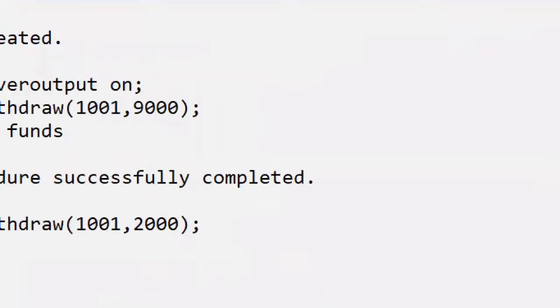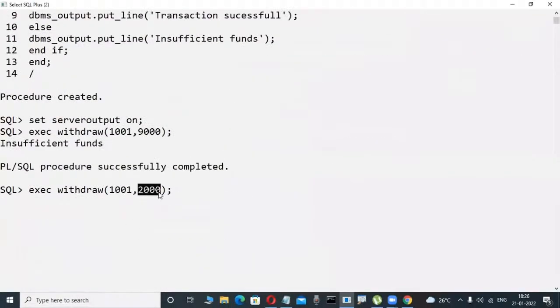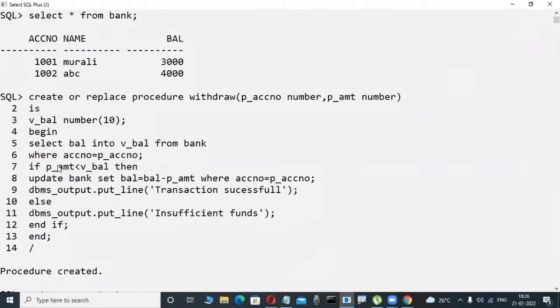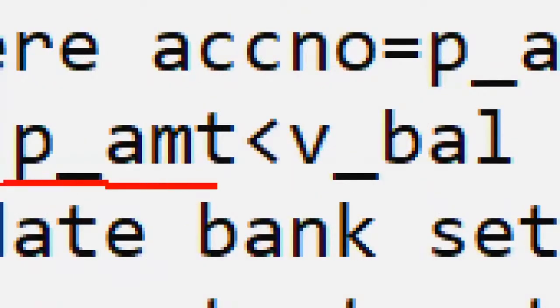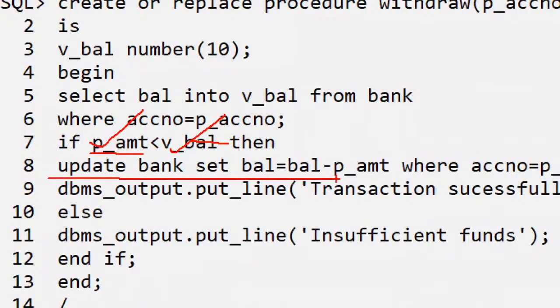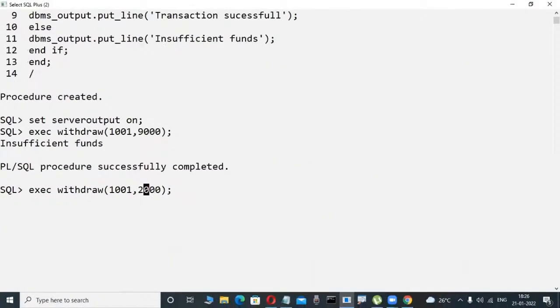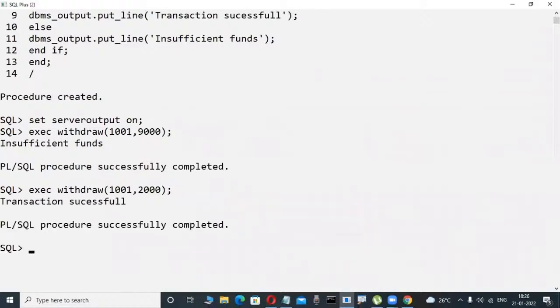Because my balance is 3,000 and I try to withdraw only 2,000. So the passed amount, 2,000, is less than the available balance of 3,000. I am updating the bank table, meaning modifying it. The transaction is successful. Now really correct. Whenever I'm executing, I want this to happen automatically, yes.